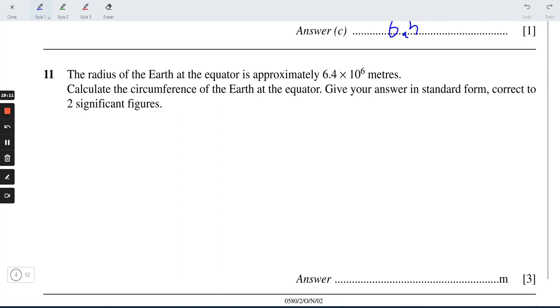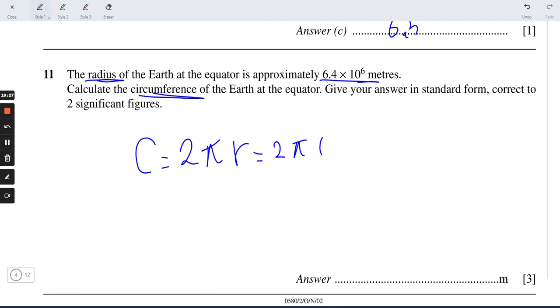So the radius of the Earth is 6.4 times 10 to the power of 6. We know that circumference equals 2 pi r, which is 2 times pi times 6.4 times 10 to the power of 6.